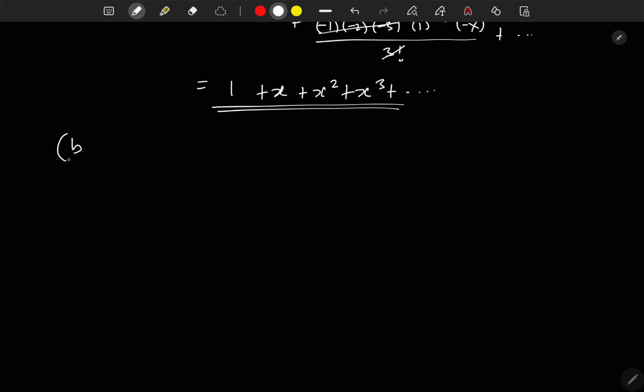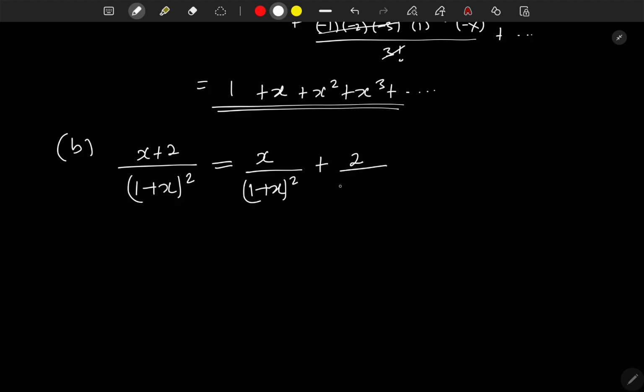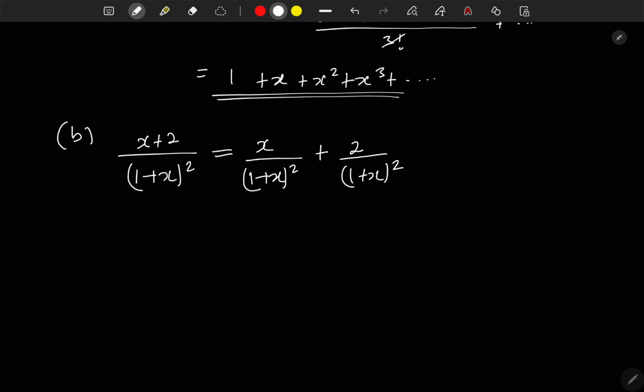B, x plus 2 over 1 plus x squared. We can transform this one into partial fractions. We do it like this: x over 1 plus x squared, and here 2 over 1 plus x squared. Then we do one by one.